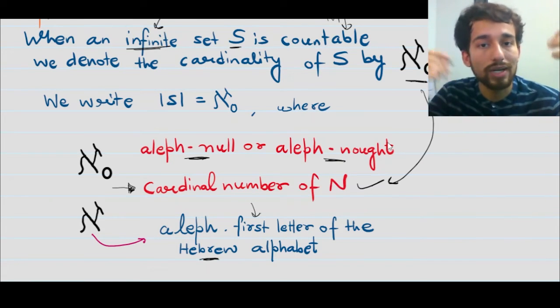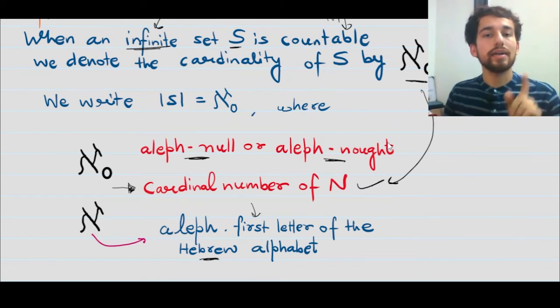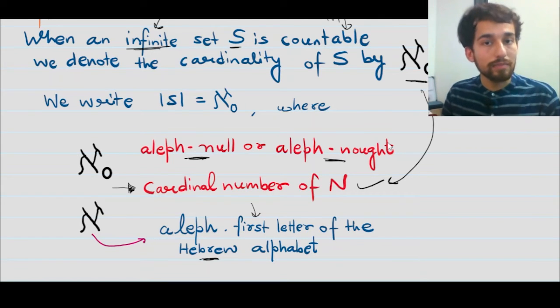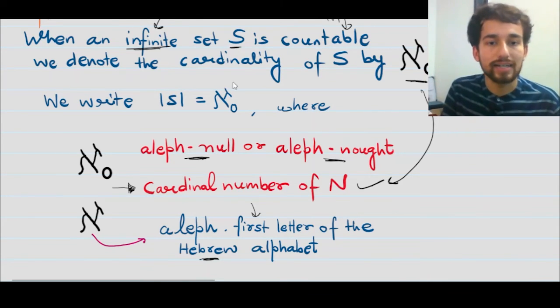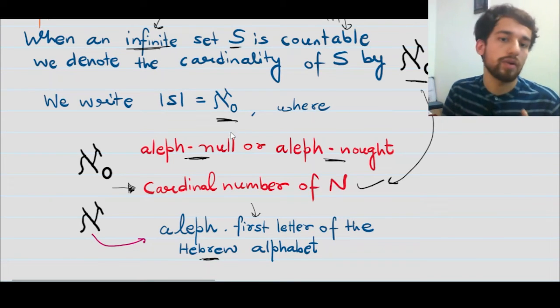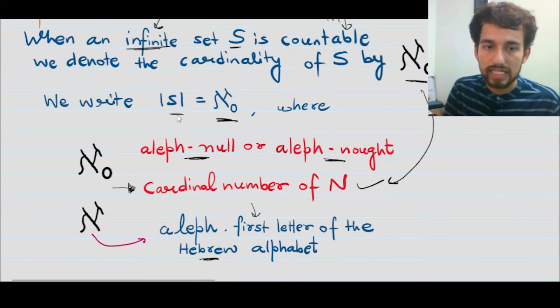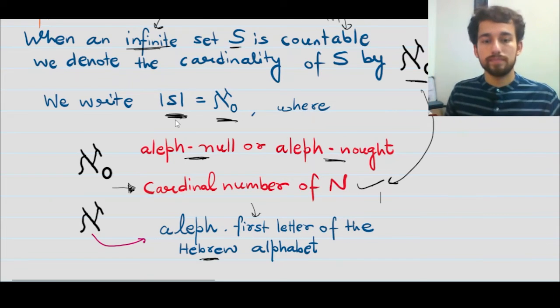And in general, if you have an infinite set which is countable, a countably infinite set or denumerable set, and someone asks you its cardinality, then it equals Aleph naught. In our case, we are given that S is countable and of course infinite, so we write that the cardinality of S equals Aleph naught.